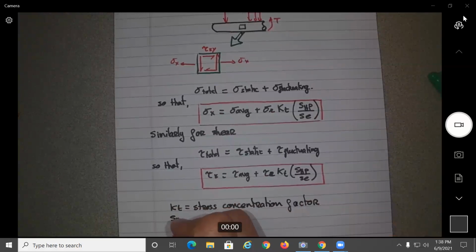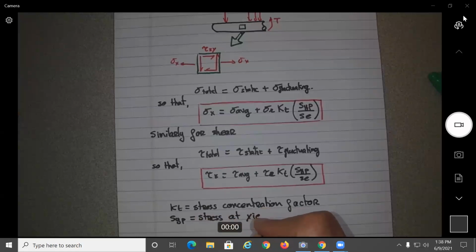S YP is the stress at the yield point, and S sub E is the endurance stress, which is the maximum stress before failure.